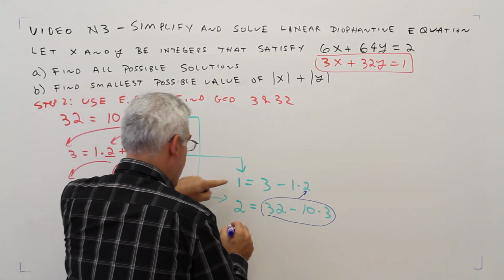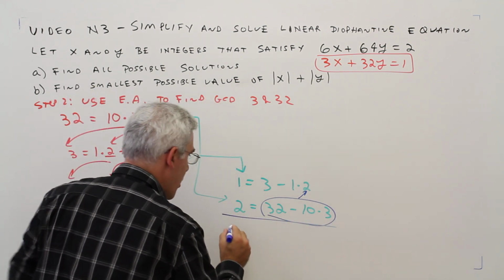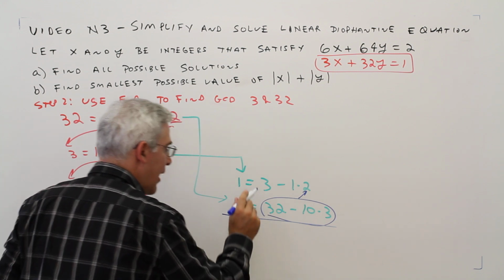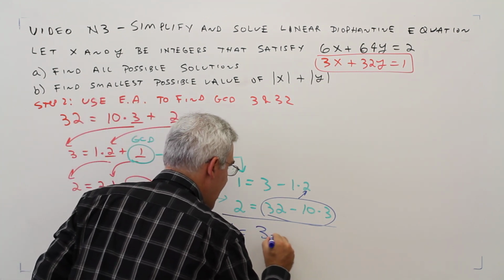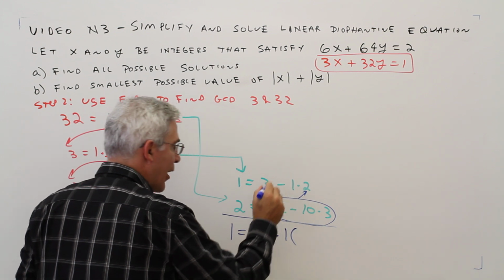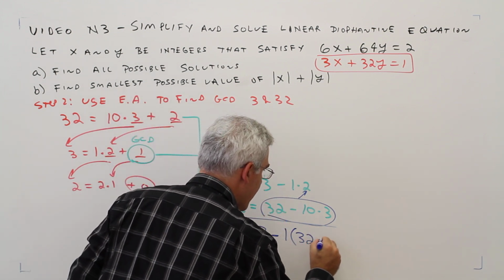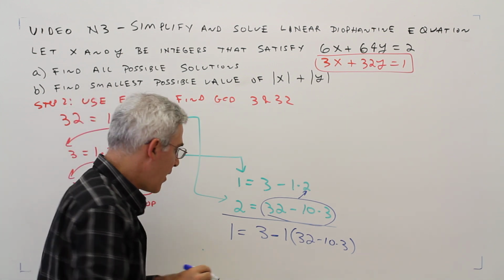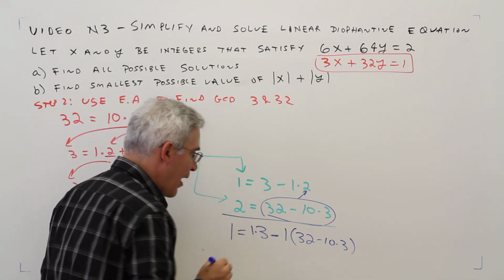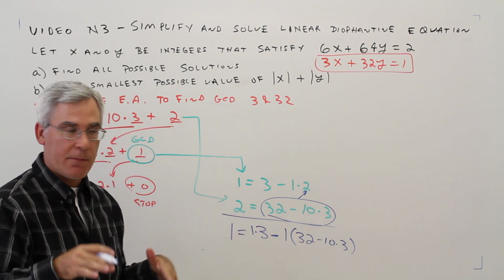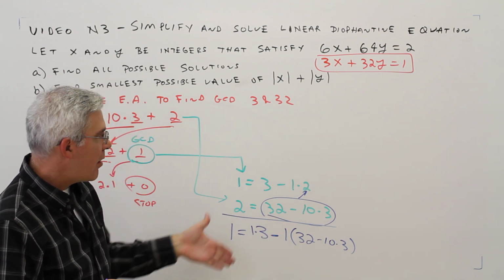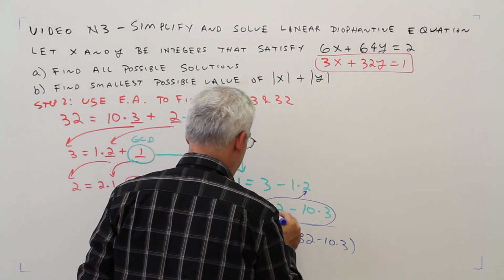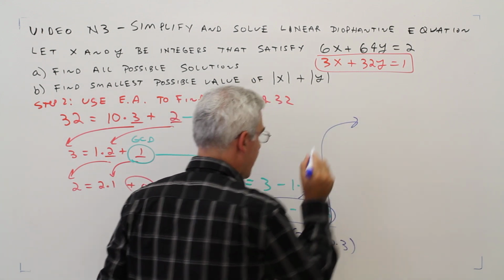And I'll get, in the equation above, 1 equals 3 minus 1 times 32 minus 10 times 3. Okay, and if you want to, you can put a 1 times 3 there, if you see where I'm going with this. I'm running out of space, so I'll just bring this over to here.